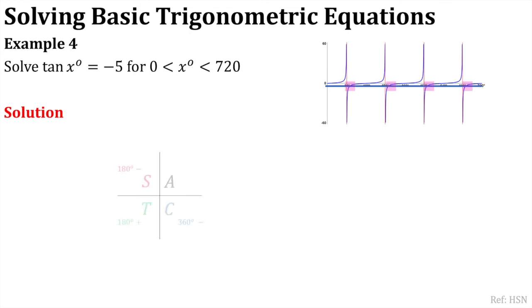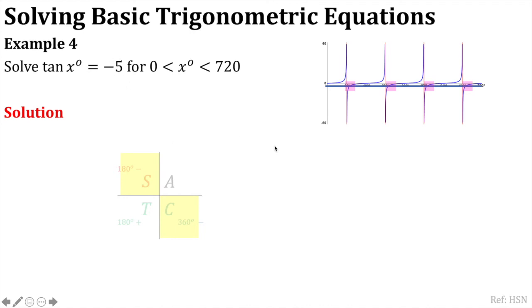So, bring my CAST diagram in. I can see instantly from the graph that one of my answers lies in the second quadrant, and one of them lies in the fourth quadrant. Okay, that's for between 0 and 360. So that's the second quadrant and the fourth quadrant, because tan x is negative here.